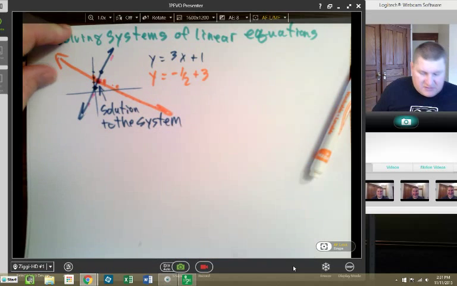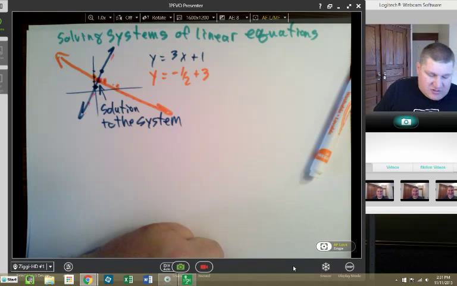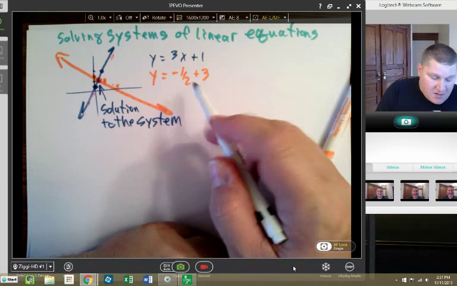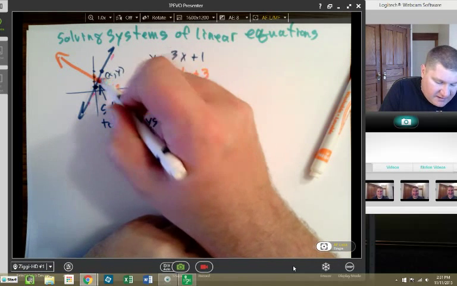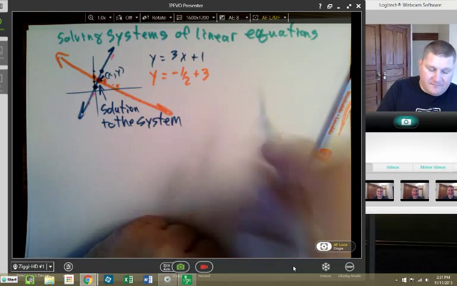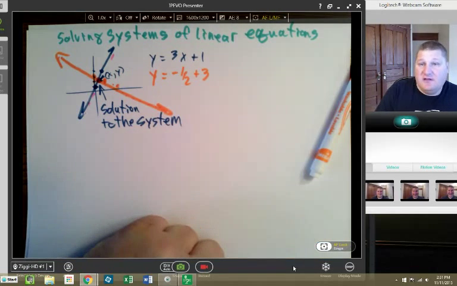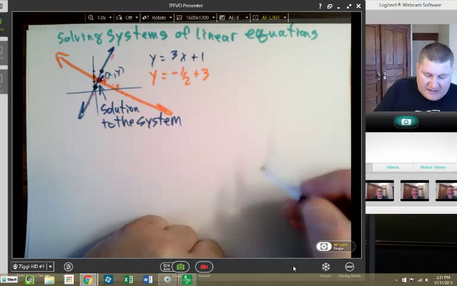A solution to the system is one set of values that works not just for this equation, but also for this equation. So whatever this x is and this y is right there would work for x and y here and here. We're going to talk about different ways to find that solution to the system.